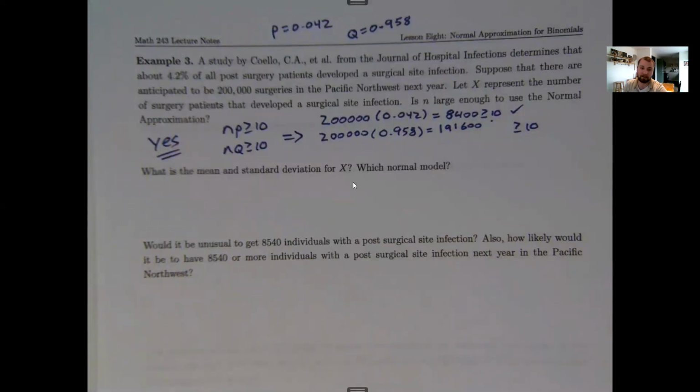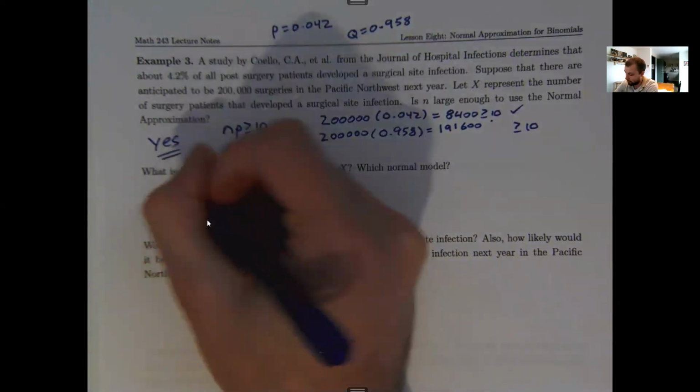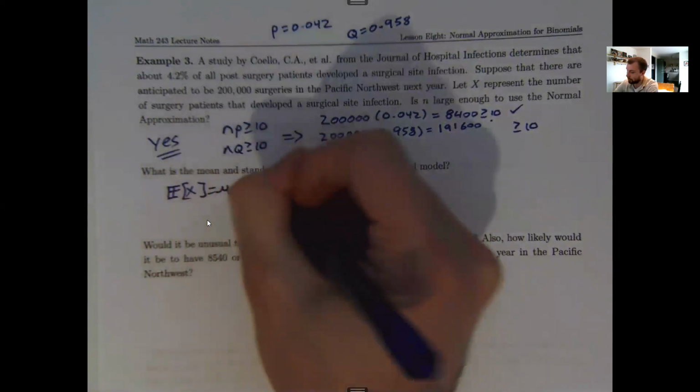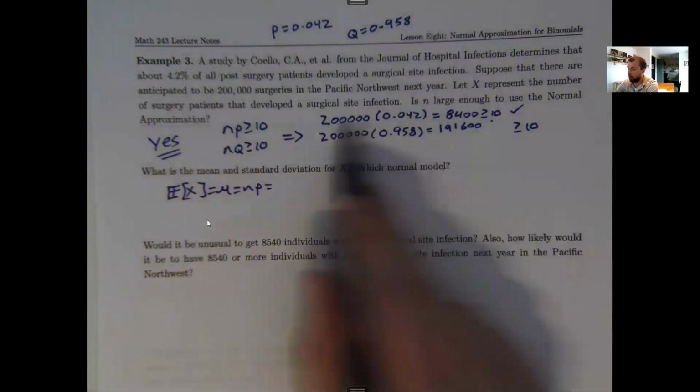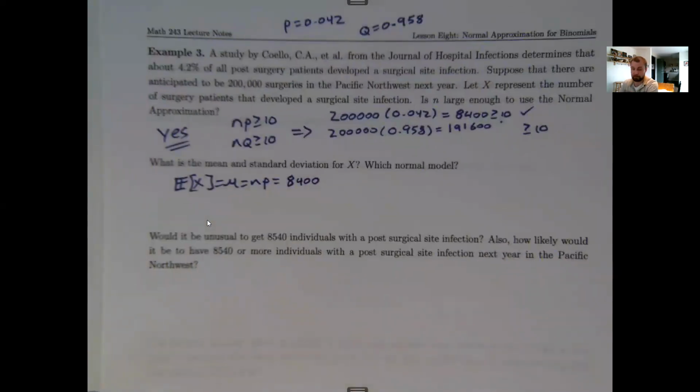What is the mean and standard deviation for x? So the mean, or my average, is n times p, and I already did that up here. I am expecting 8,400 people to develop one of these post-surgical site infections.